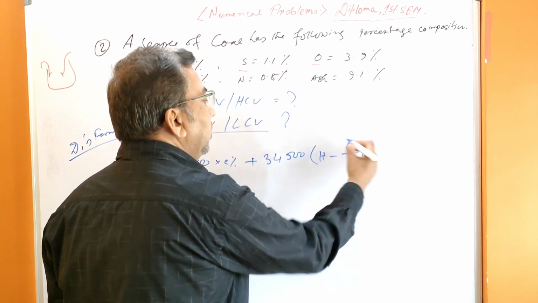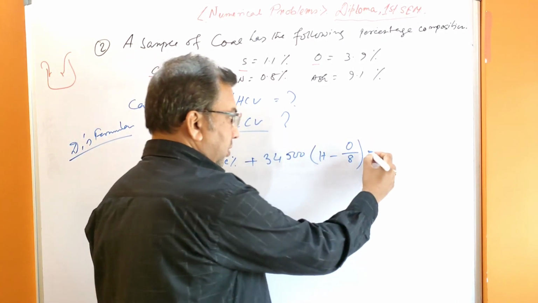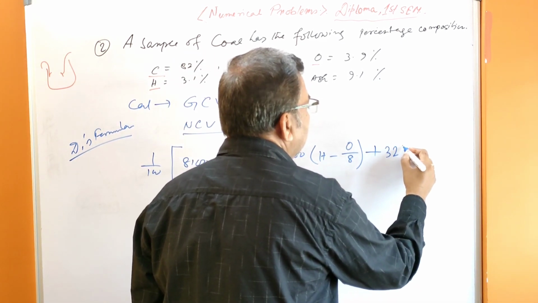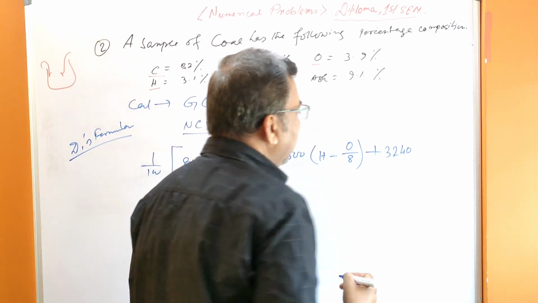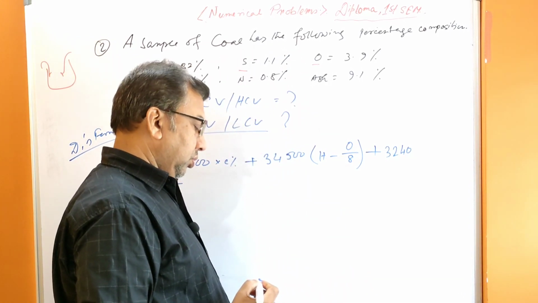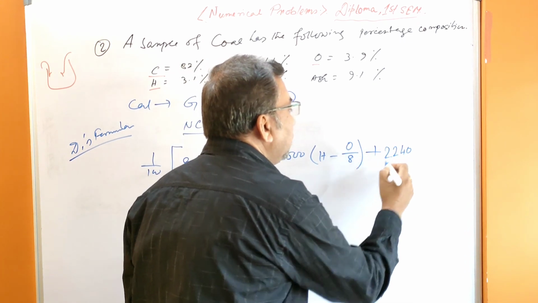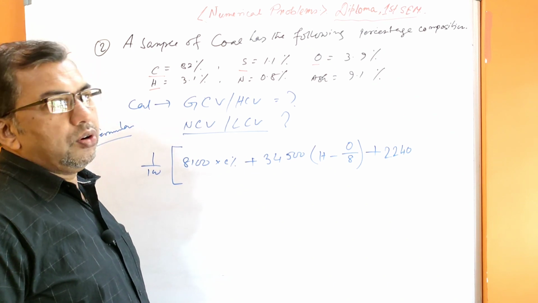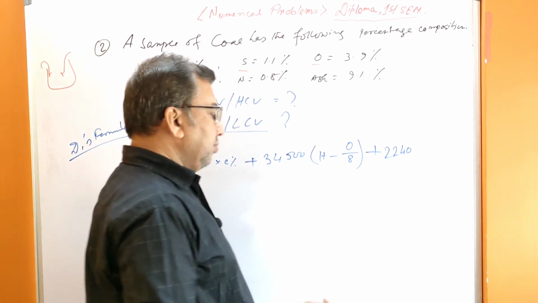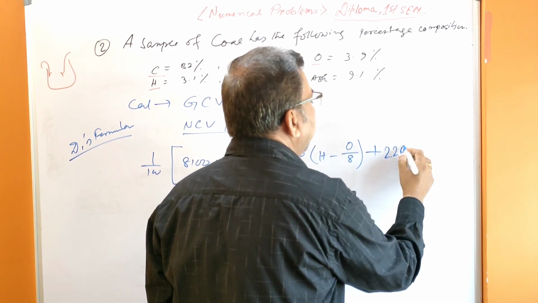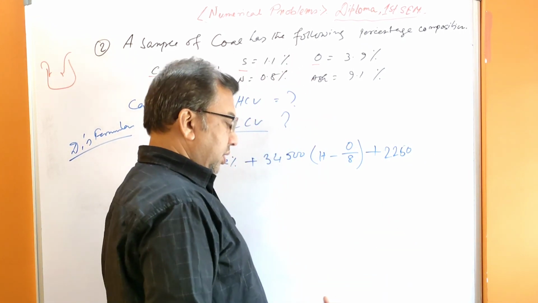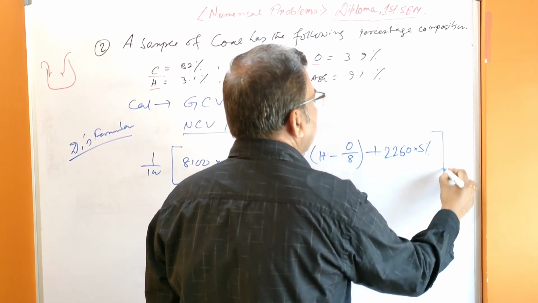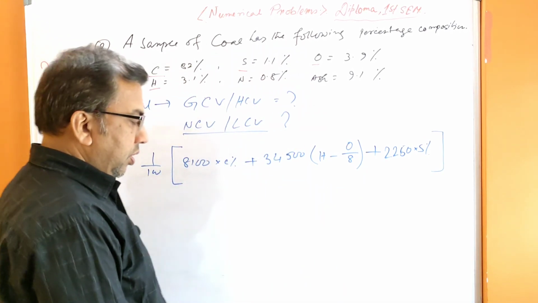Hydrogen percentage, oxygen percentage, and plus 2240 or 2250. Sometimes you may write 550 for your calculation, whatever, by 100 into sulfur percentage. This is the formula.